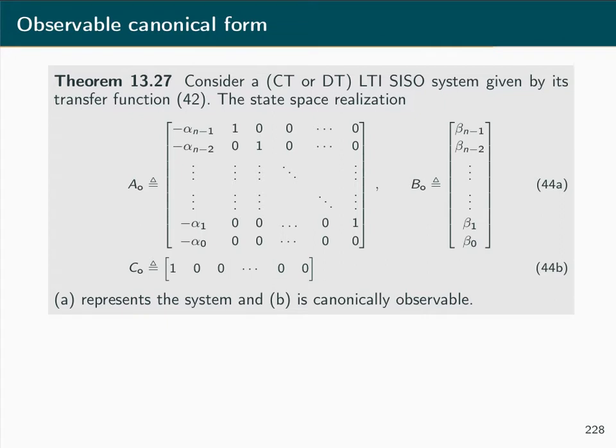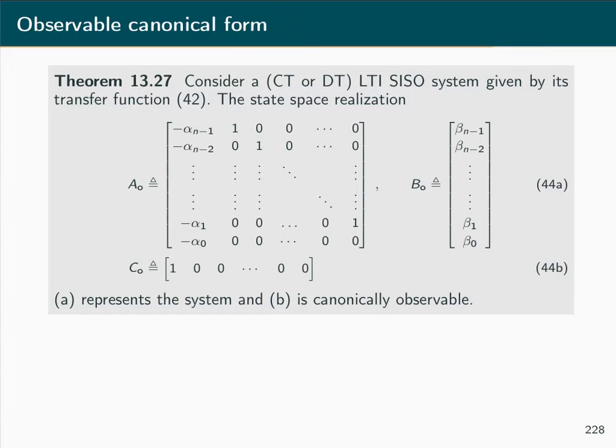Similarly, there also exists an observable canonical form, as stated in Theorem 13.27, where again we consider a continuous time or discrete time LTI system given by its transfer function in equation 42.